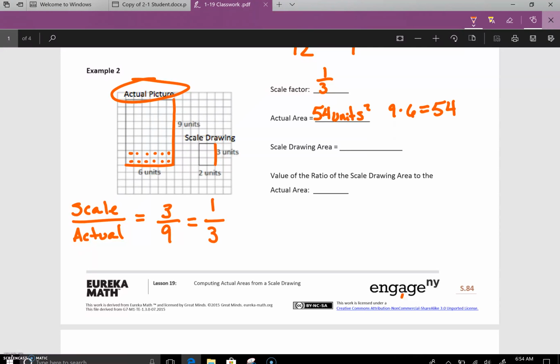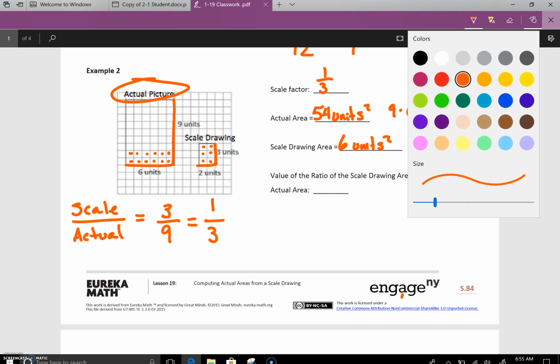Let's not do that. We're going to find the scale drawing area. So it is 3 by 2. 3 by 2, that's 6 square units. That one we could count. 1, 2, 3, 4, 5, 6. And lastly, we're going to find the comparison of the two areas. So remember, you put the scale area on top.